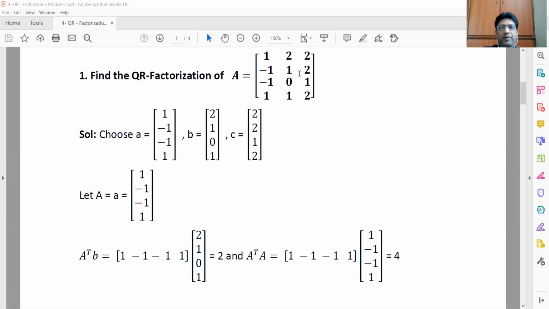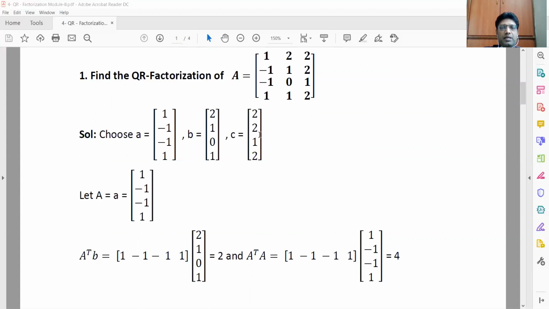Now these column vectors must be linearly independent, and here they are. I am selecting the first vector as A, the second vector as B, and the third vector as C.